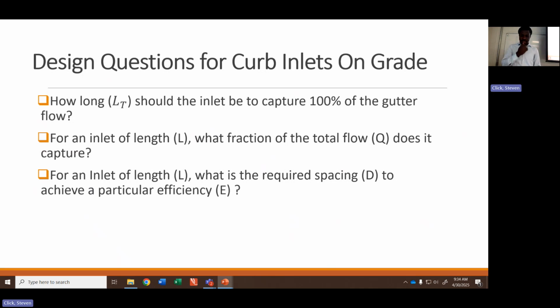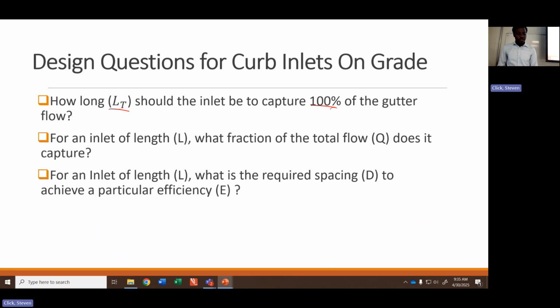Okay, so we want to talk about designing the curb inlets on grade. These are some of the questions we want to answer. We want to know how long the inlets should be to capture 100% of the gutter flow.